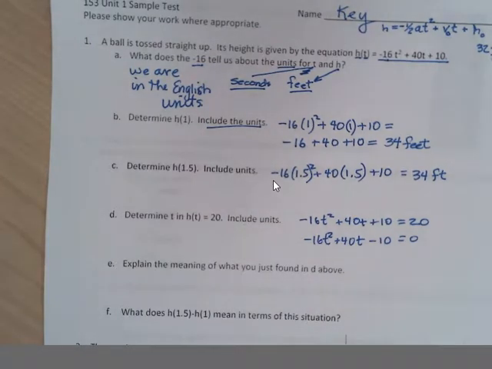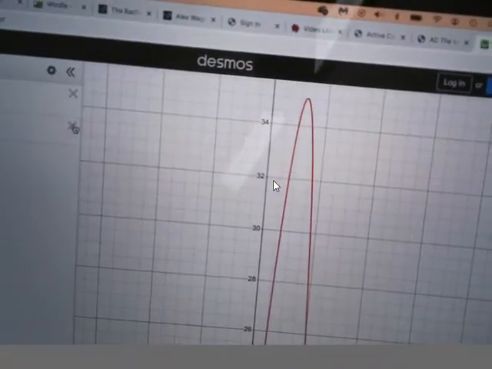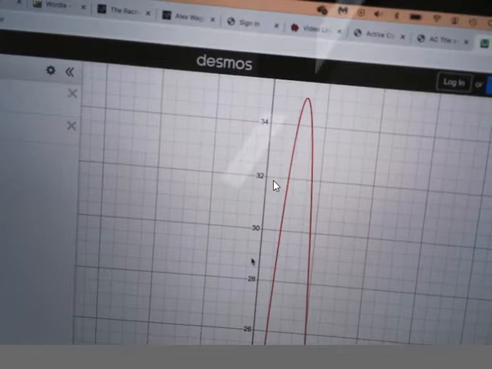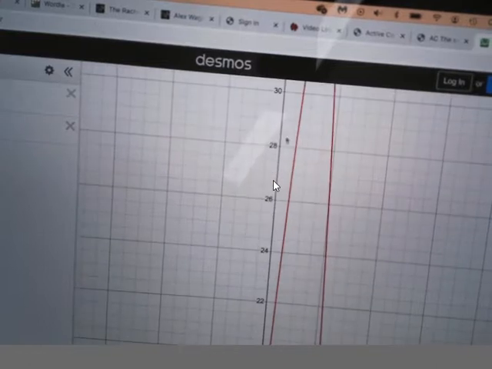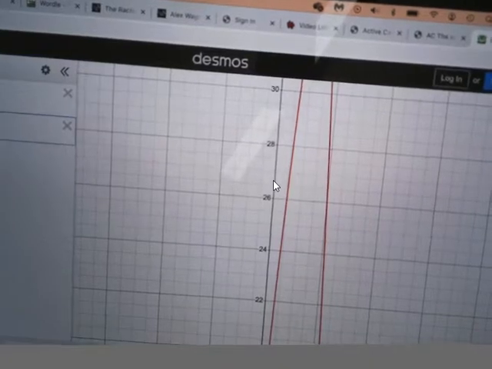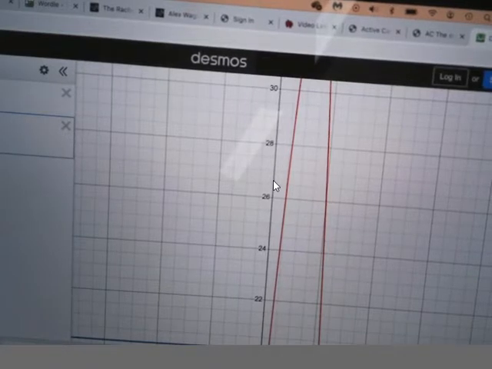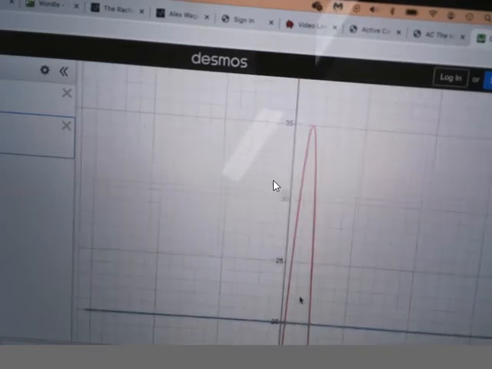But you could also, on Desmos, you want to know when the height, that question is asking, when is the height 20? Well, it's at this time sideways. It's kind of hard to tell. So if I go up here and type in 20, it doesn't do anything. But if I say y equals 20, it draws a graph of 20.